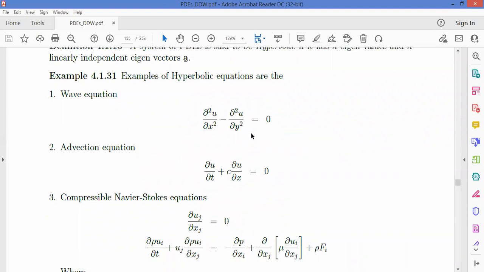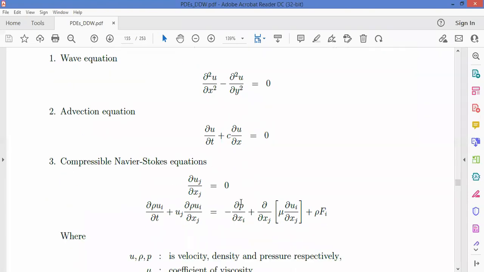Okay, the wave equation, you have the advection equation, the compressible Navier-Stokes equations. This one has wide applications.